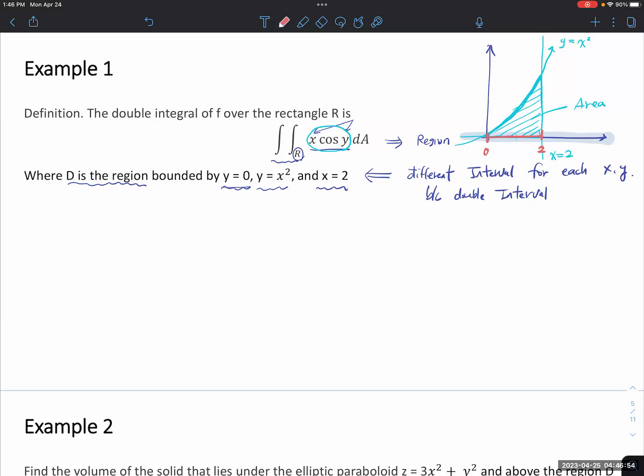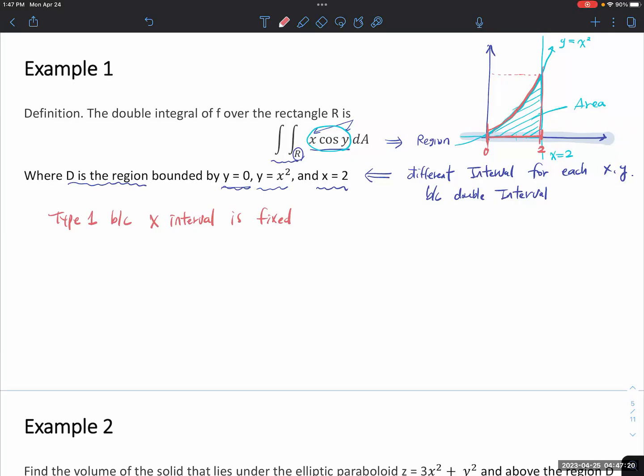The y is different because it's not linear, it's curvy. So y is going to be given by a function, or we need to find it by looking at this image. So this is going to be a type 1 double integral because the x interval is fixed, as you can see. So this is so clear.